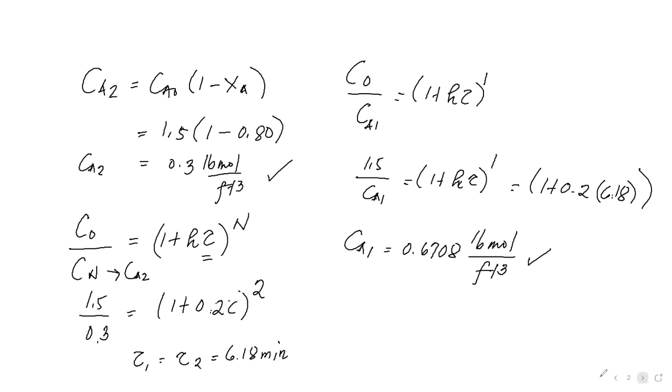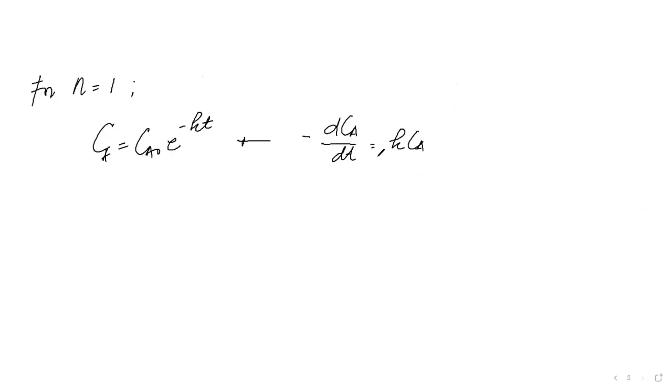So in the case of the first reactor, shall I say N1, when the operation was cut, your C prime would be Ca1 e raised to negative kT.